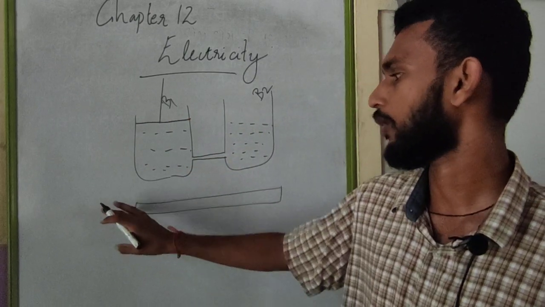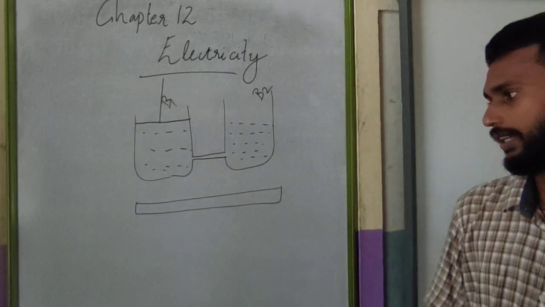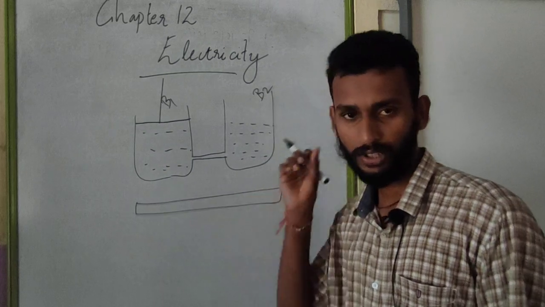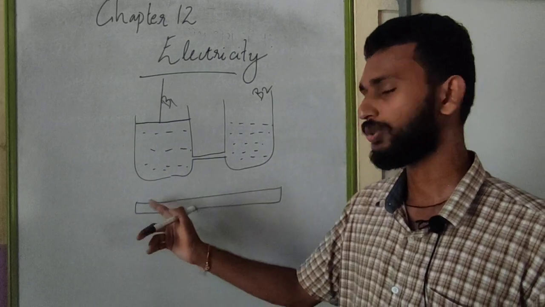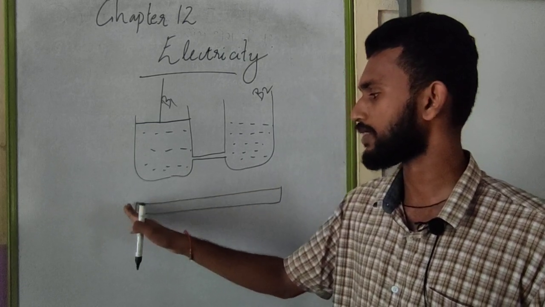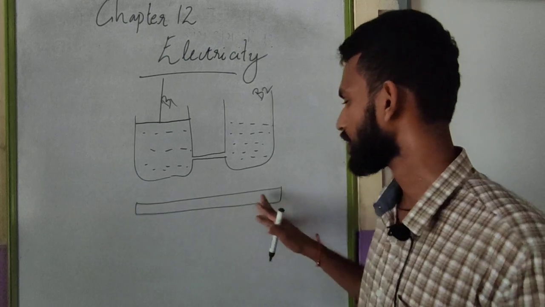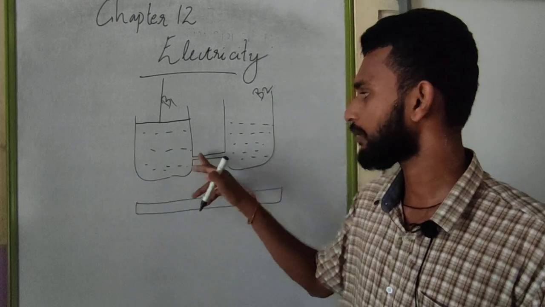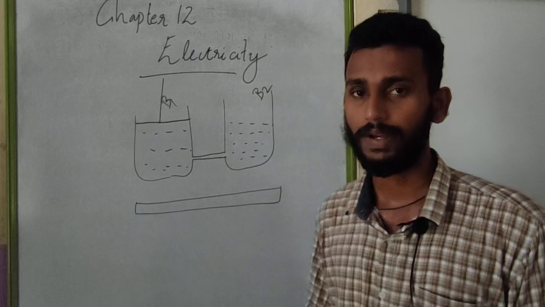The potential on both sides will be equal. These are known as equipotential surfaces, because the charge is uniformly arranged. So the potential difference between the two ends will be equal, and there will be no flow of charge. There will be no flow of water as well.